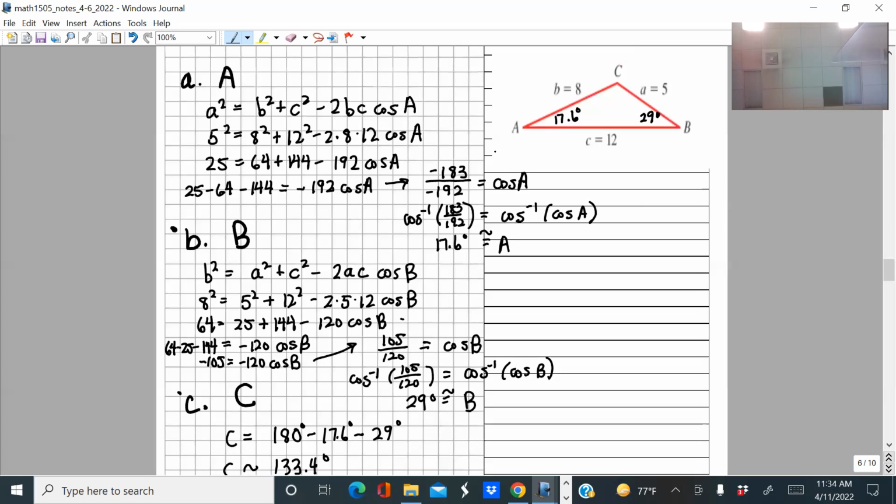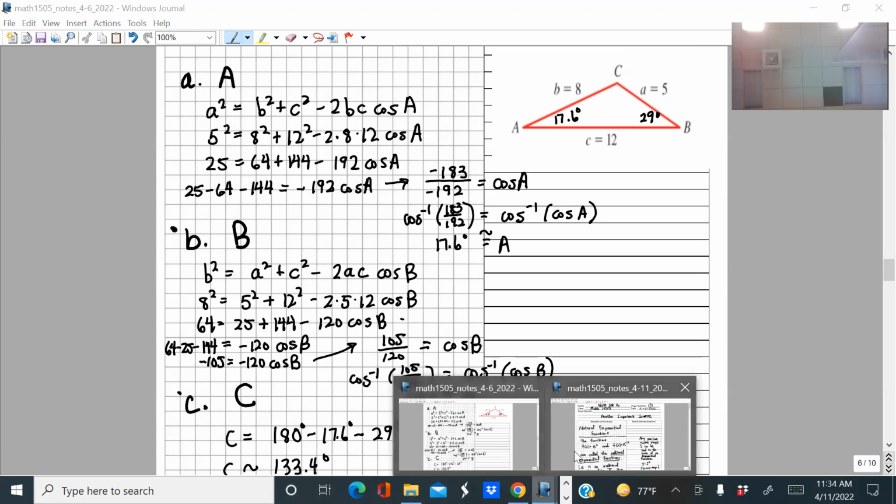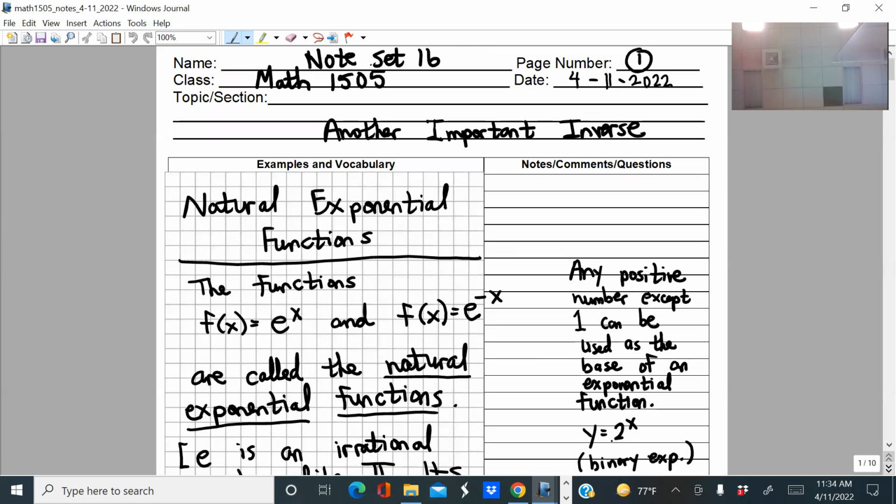So as I mentioned here, we're going to let go of trig for a little while, but we're not going to let go of inverses yet. Because we're going to mention another important pair of functions that are inverses to one another, but they're not trigonometric functions at all.